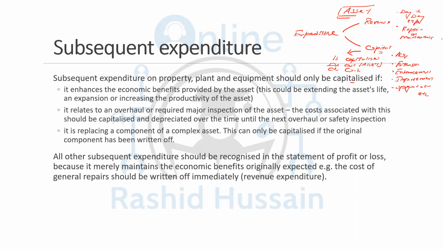For example, we are going to paint our office building. Now, this is something related to the repair or maintenance. For example, we are having the service of our machinery. This is related to the repair or maintenance. When you talk about the revenue expenditure, a revenue expenditure is expensed out.